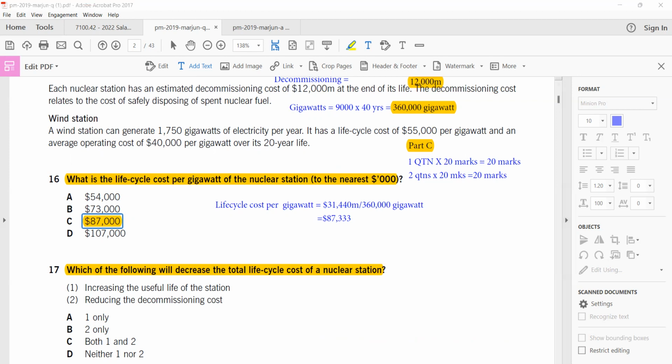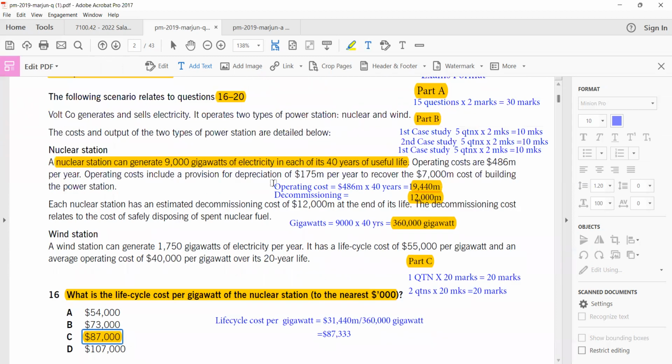So I feel when the decommissioning cost is reduced, the total life cycle cost of the nuclear station is also going to reduce. Correct, because you can see clearly from the analysis we did that the decommissioning cost of 12,000 is part of the life cycle cost of the product. So if this 12,000 reduces to, let's say, 1,000, then the 31,440 we got is also going to reduce.